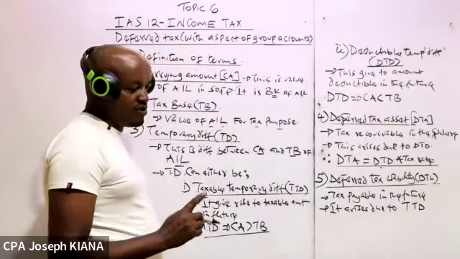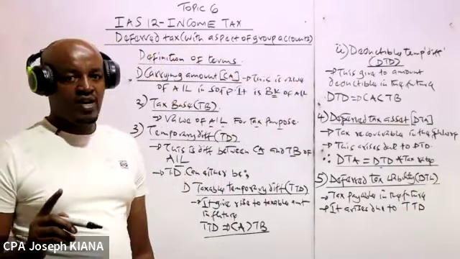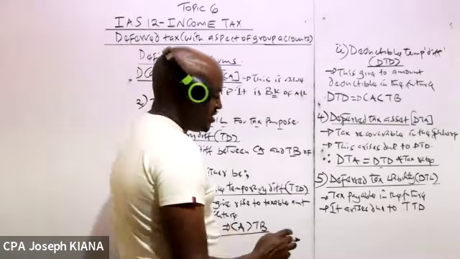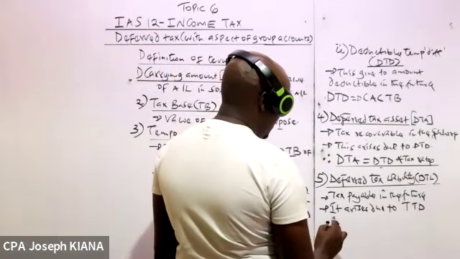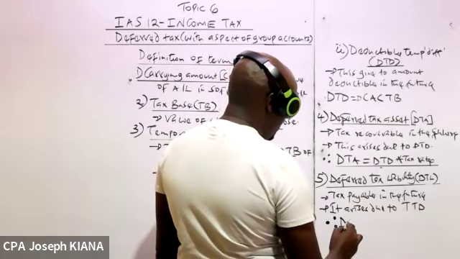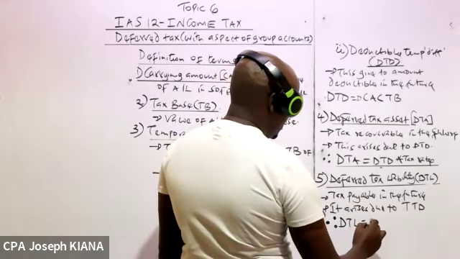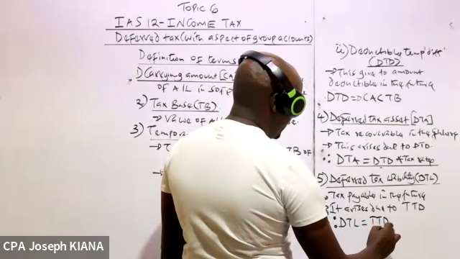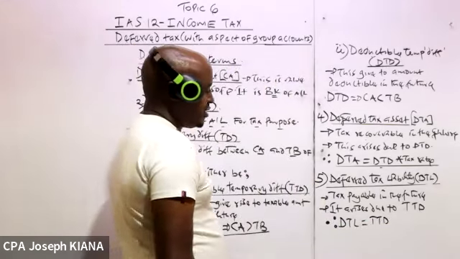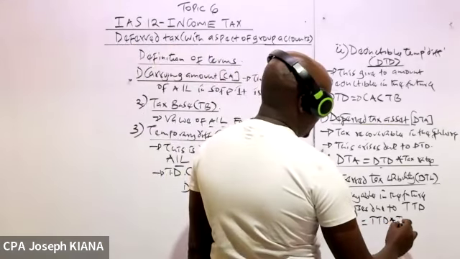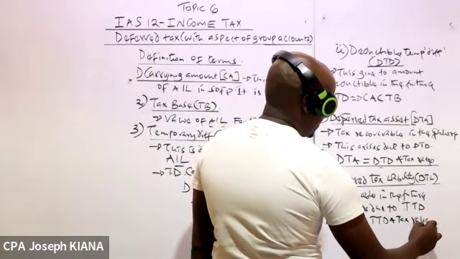And therefore, how do we compute this amount of deferred tax liability? The deferred tax liability is equal to the taxable temporary difference, and then we multiply this with the tax rate.